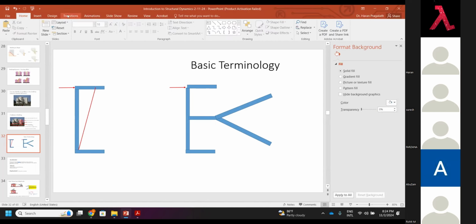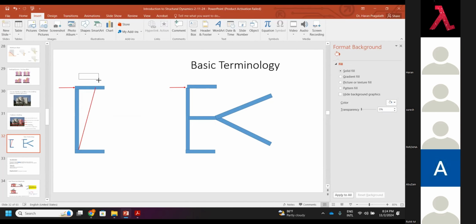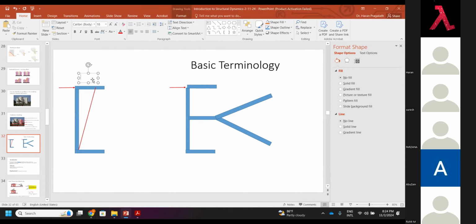Here, let's say the drift is 50 mm, and this column height is 3 meters. Here my column height will be reduced to 1.5 meters, and this is also 1.5 meters.